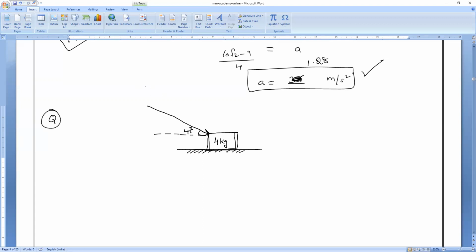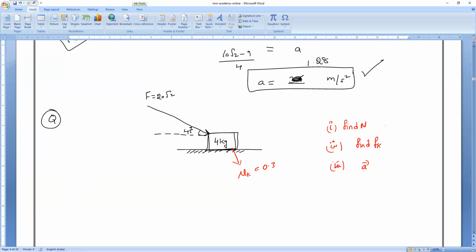Same applied force, F is equal to 20 root 2. And the frictional constant is equal to 0.3. Then again the same thing: find N. Problem number 2, find the frictional force, sorry, the kinetic friction. Number 3, acceleration. Clear everybody?